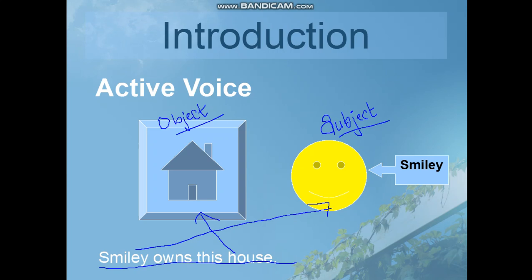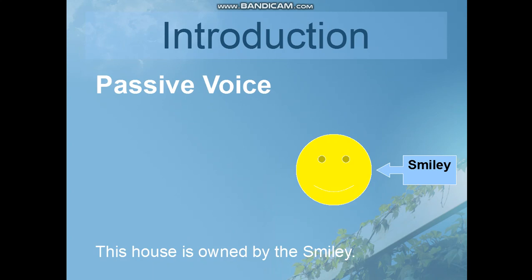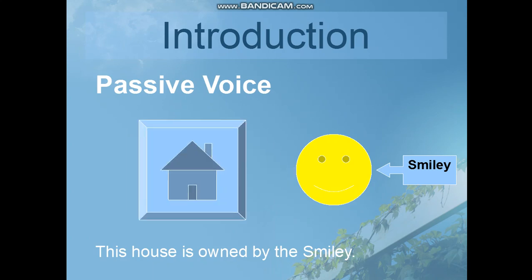Now let us see the next slide and then we will be clear what is active and passive voice. This is the smiley. This is its house. But in the passive voice, house is written first and smiley is written at the last. Still, smiley is the subject and house is the object.